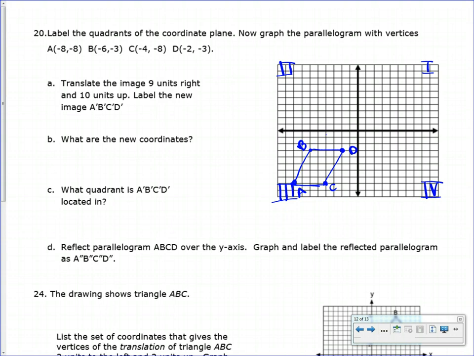Translate the image 9 units to the right and 10 units up. So all we're going to do is take each of our points and count 9 units right. So 1, 2, 3, 4, 5, 6, 7, 8, 9, and 10 up. 1, 2, 3, 4, 5, 6, 7, 8, 9, 10. That's D prime. D prime.